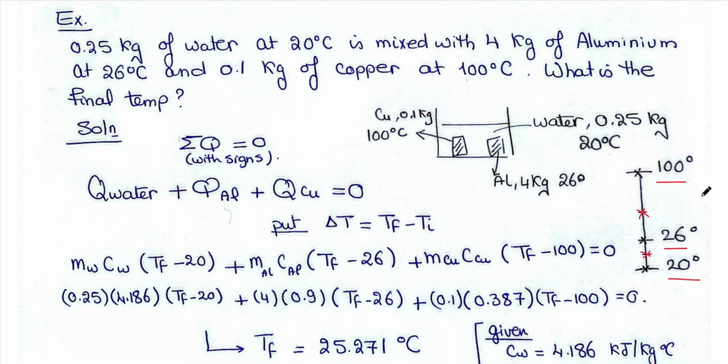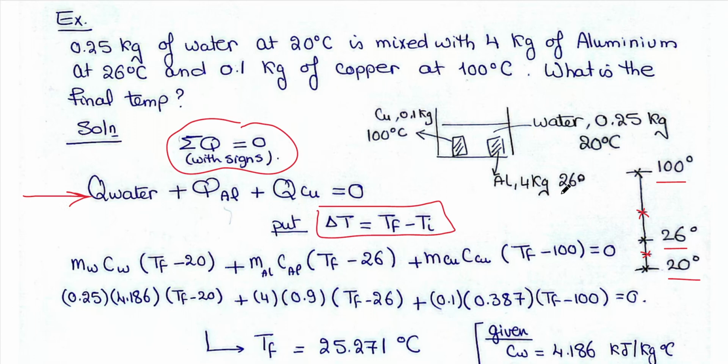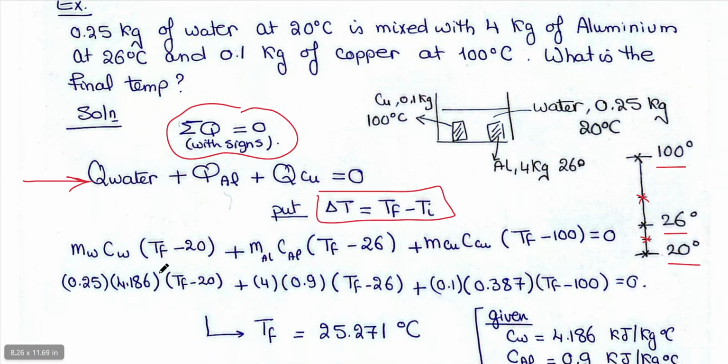Instead of this, it's easier to use the other form of the law. I will add all the Q's and put delta T as the final temperature minus the initial temperature. Let's make it together. Q water plus Q aluminium plus Q copper equals 0. For Q water, you will use delta T, T final minus T initial.